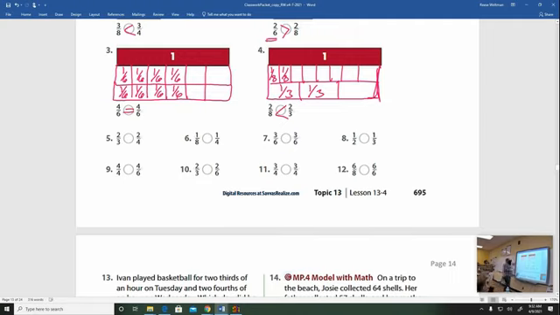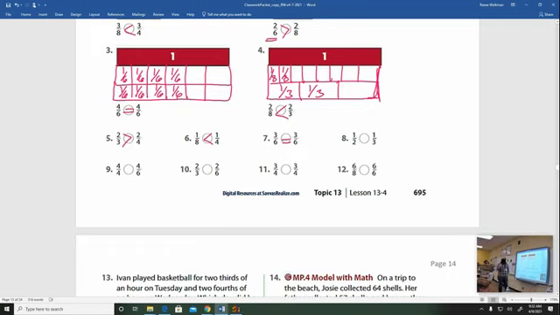Okay. Which is greater, 2/3 or 2/4? 2/3. That's right. What is 2/4 equivalent to? 1/2. That's right. Because half of 4 is what? 2. That's right. 1/8 or 1/4, which is greater? 1/4. 3/6 and 3/6.